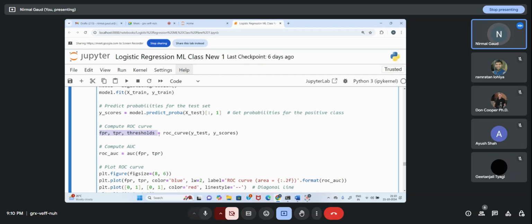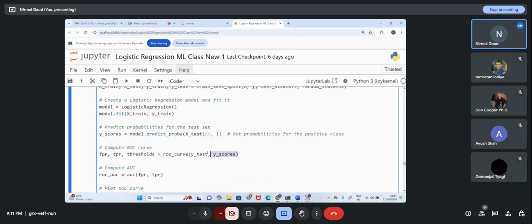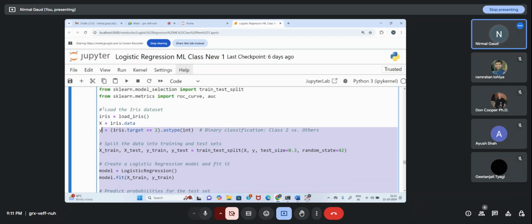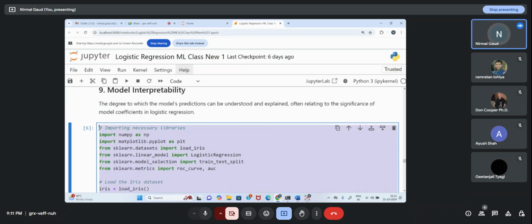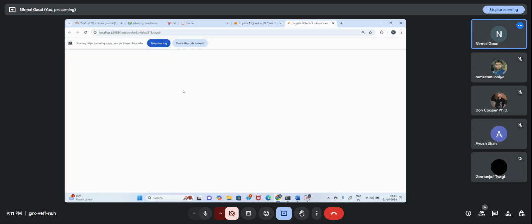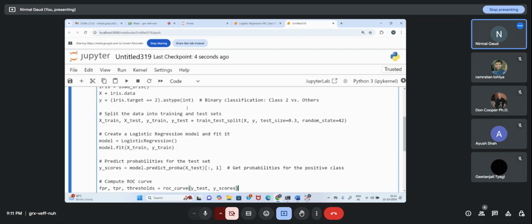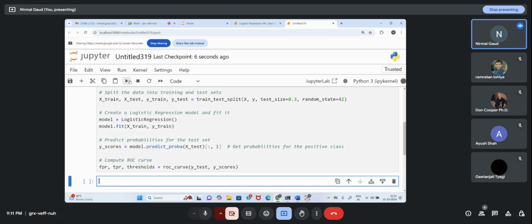Okay, and here the point is, sir, kindly print the thresholds also, sir. Can we print the thresholds? Okay, so let me take this code, and we will be printing the TPR, the FPR and the thresholds also. It's better to understand each and everything. So let me run this code.